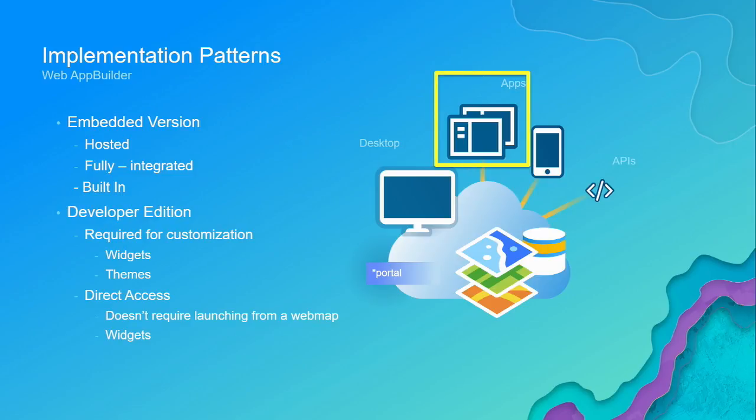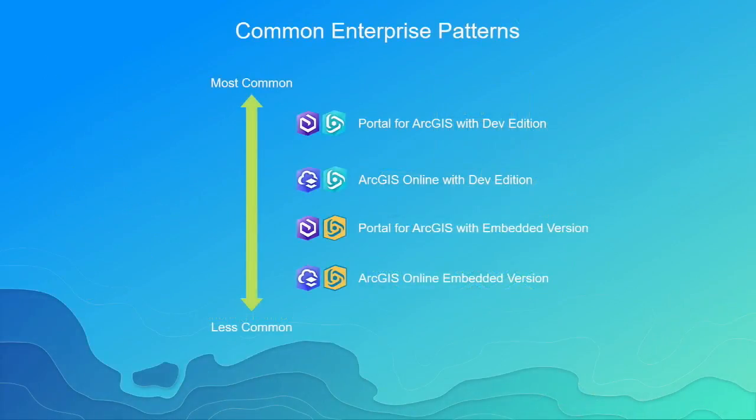So we've got our portal, we've got our Web AppBuilder. Kind of what we've seen, common patterns. Like I said, there's usually shades of gray. By far, at least for me, the most common pattern that we see and that I work with is Portal and Dev Edition of Web AppBuilder.